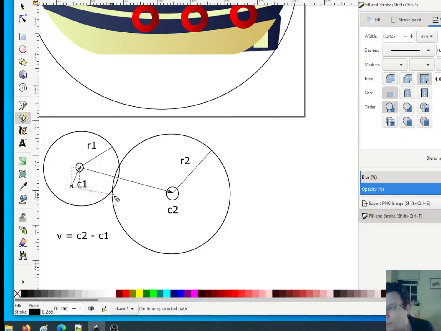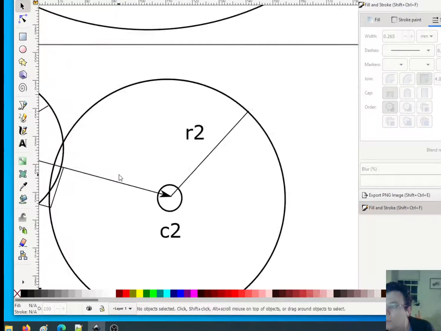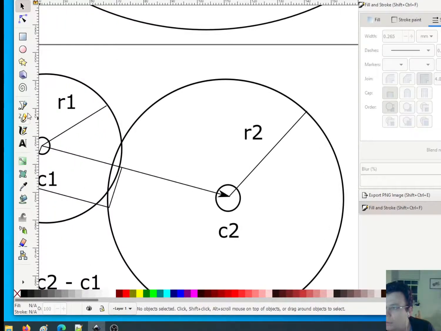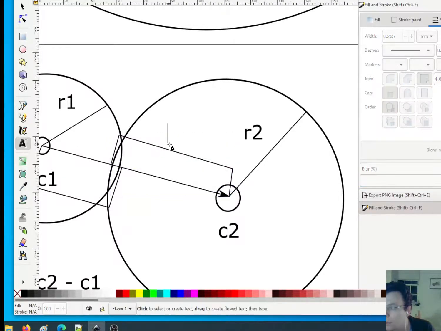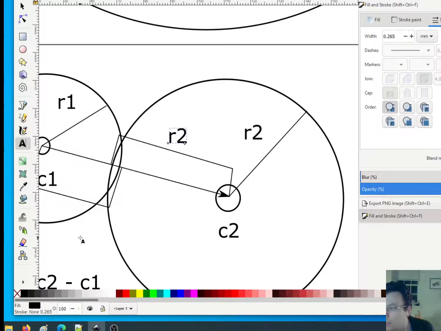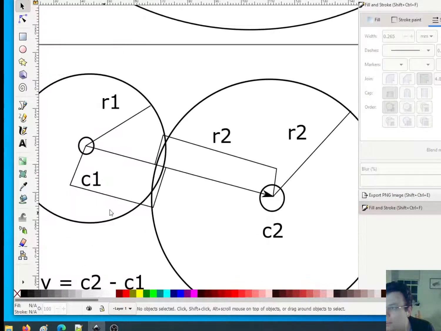So here is the first radius, that's R1. And then here is the second radius, R2. And here's R1, that length.